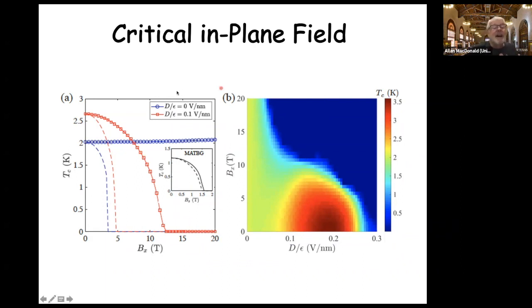The red dashed line here shows what would happen if I imagine that the pairing electrons had opposite spins, and you can see that you would not be able to sustain such high fields. Whoops, I should be pointing to the blue line here.